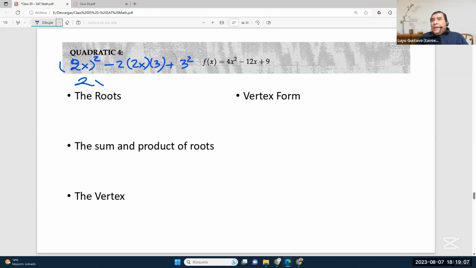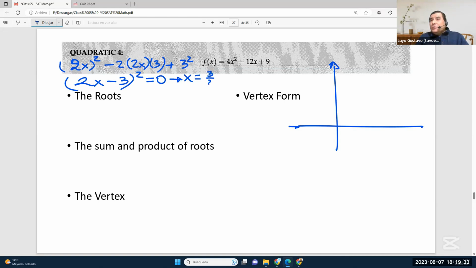This is 2x minus 3 squared equal to 0. So the roots, actually here we say that the roots are 2 equal roots. So there is just one root. From here, x equals 3 over 2.